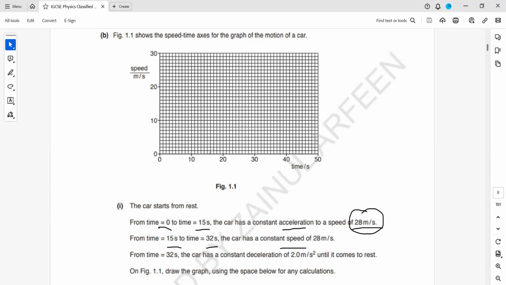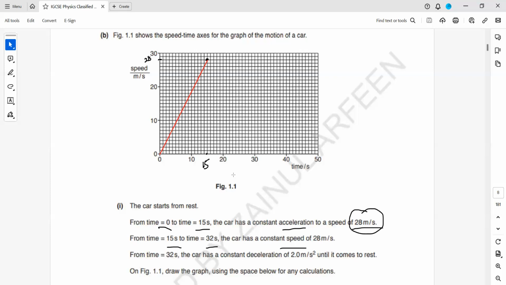So from 0 to 15, so 11, 12, 13, 14, 15. From 0 to 15, the car reaches 28. This is 28. We draw a straight line, because with constant acceleration the speed-time graph must be a straight line.